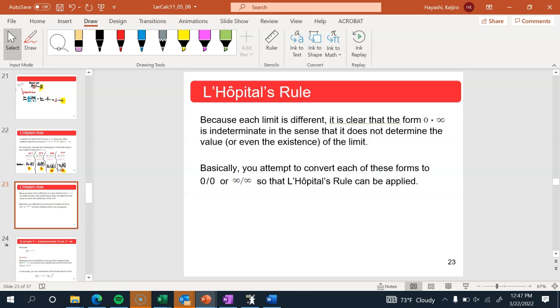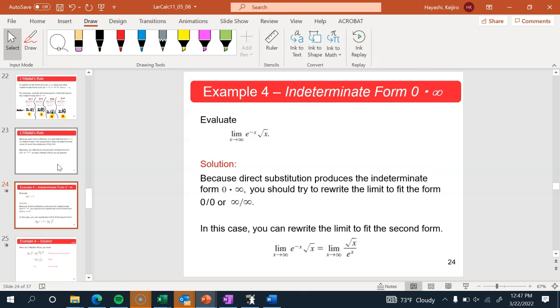You might get other indeterminate forms, but you want to convert them in some clever ways to 0 over 0 or infinity over infinity, because those are the only forms that L'Hopital's rule will work with.